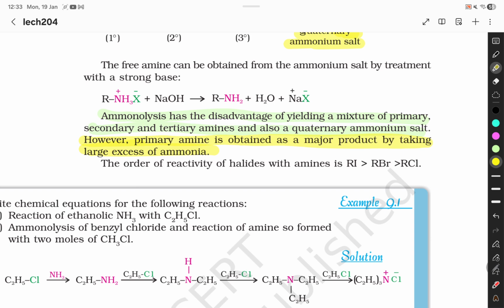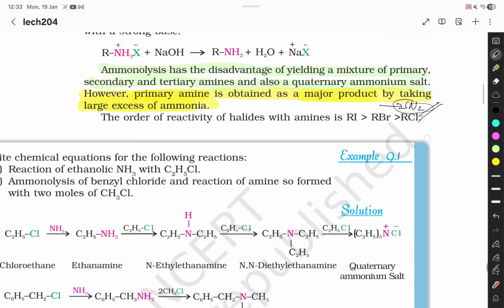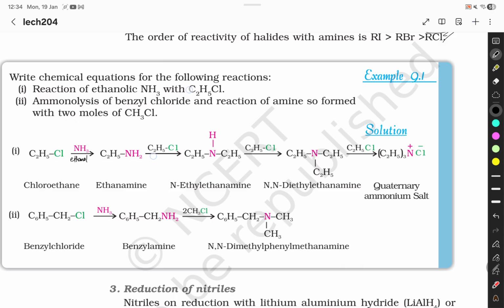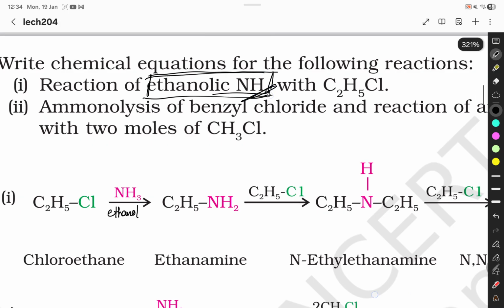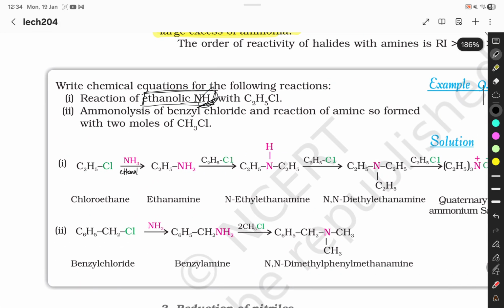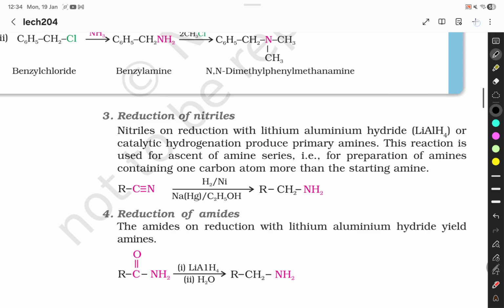When we take a large amount of ammonia, then primary amine is obtained because it is an SN2 reagent, so primary reacts faster. And they have given a reagent called ethanolic NH3. Make sure ethanolic is used in the majority of places, so don't get confused.